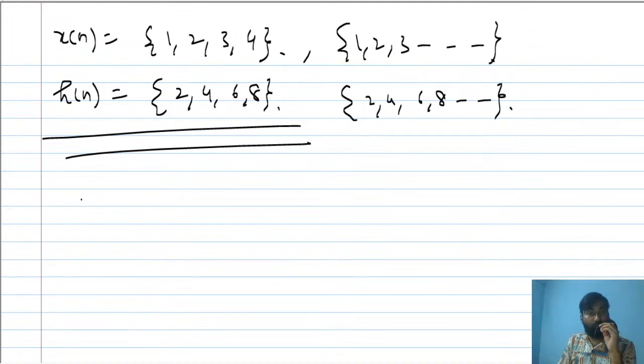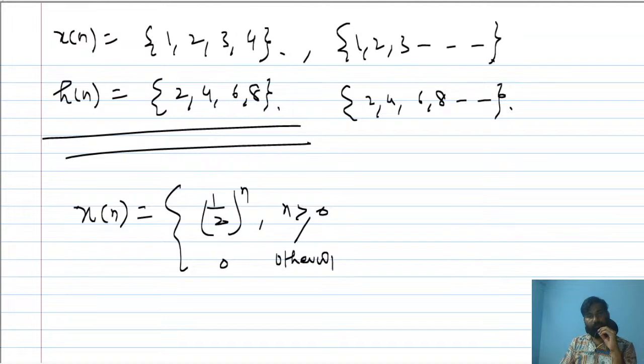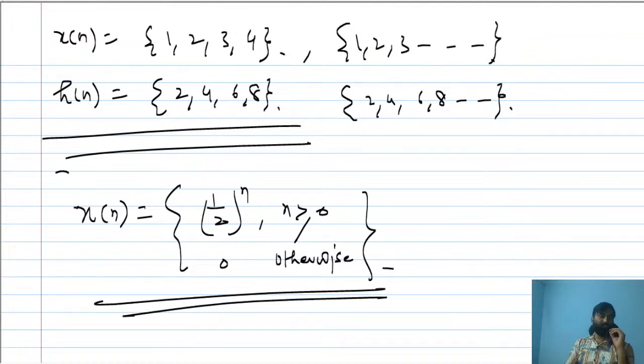And one way of also representing a sequence is x of n given as 1 by 2 to the power n, defined for n greater than or equal to 0, and 0 otherwise. If this kind of representation is given, you have to regard it as a discrete time sequence only.